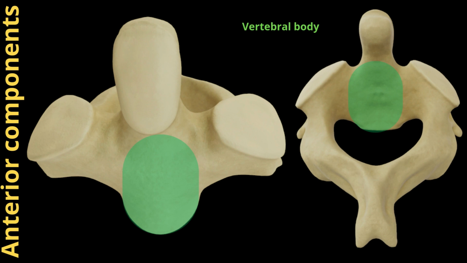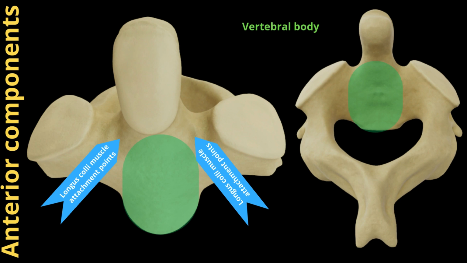The anterior part of the body of the axis is extended downward, overlapping the upper and anterior part of the third cervical vertebra. On its anterior aspect, the body of the axis has a medial longitudinal ridge that separates two lateral depressions that serve as attachment points for the longus colli muscle.